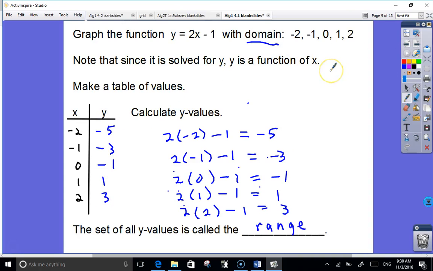Okay, when you're looking at a table of values like that, how do you know whether it represents a function? We did this before. Adam? If it had no x values repeat. And of course they didn't, because they told us these 5 individual x values. It's a function. Okay.